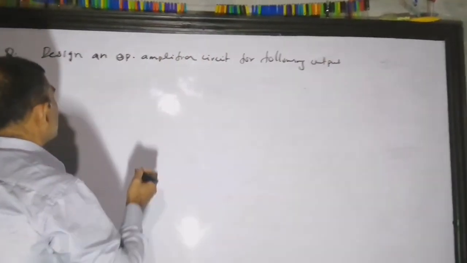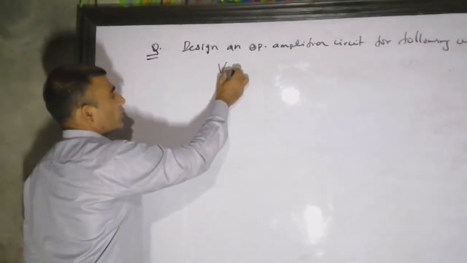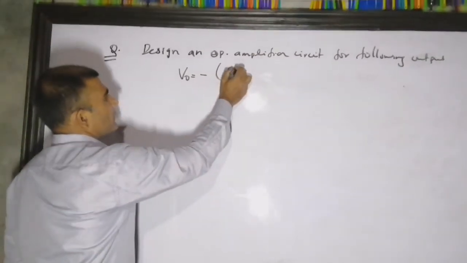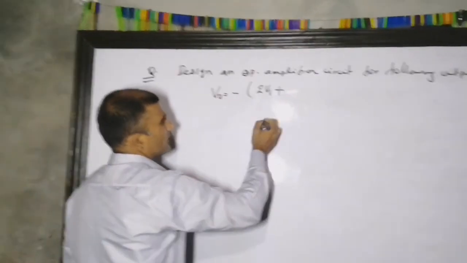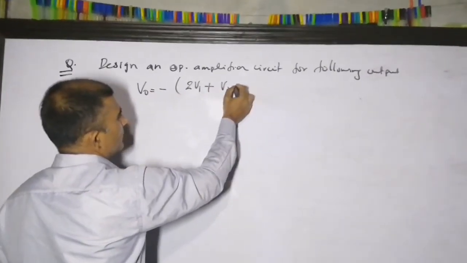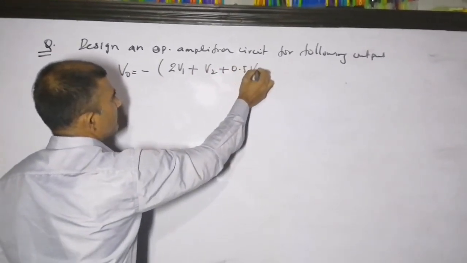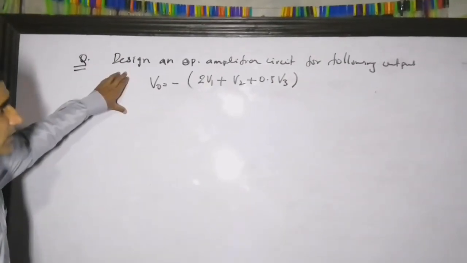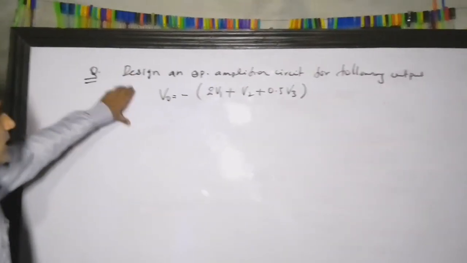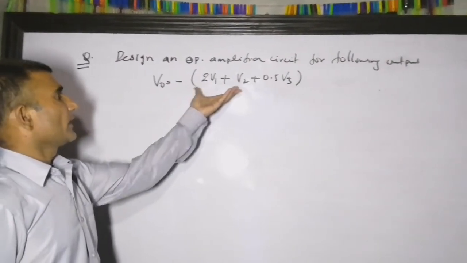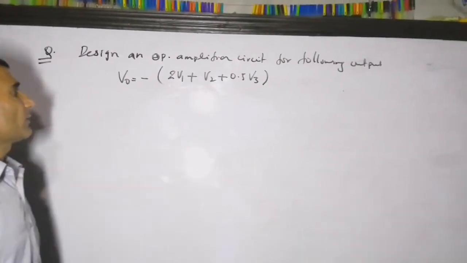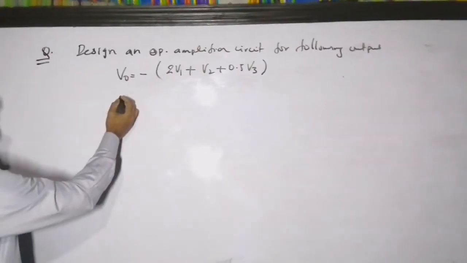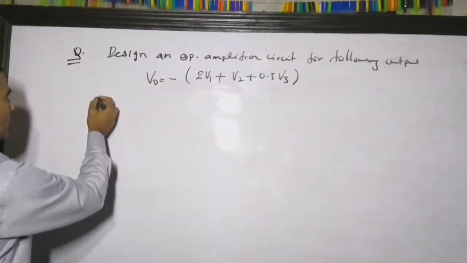One situation is given, I need output which is negative 2 times V1 plus V2 plus 0.5 times V3. So our question asks us to design an amplifier circuit whose output will be some linear combination of the inputs. And for this you know that we have a method for the solution.